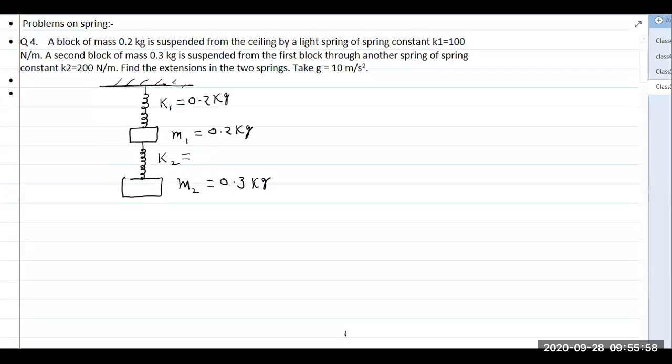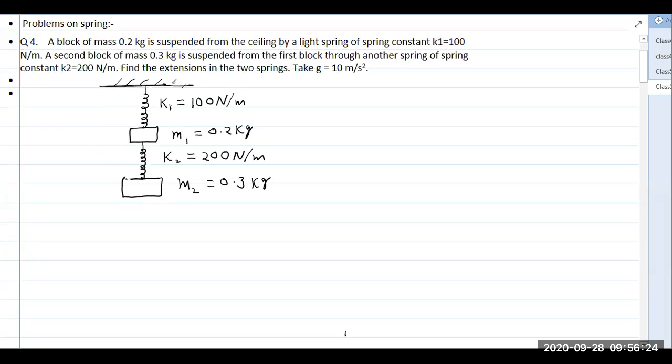K1 is 100 Newton per meter and K2 is 200 Newton per meter. These two things are given. Now we need to find the extension in the two springs.